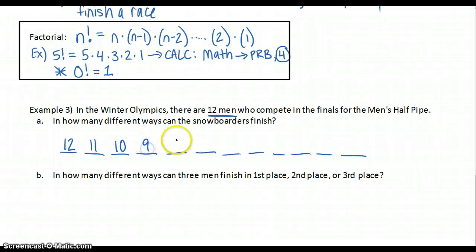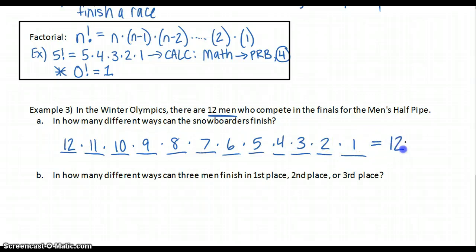And you keep going like this until you end up with that very last place where there's only one person left. So it'd have to be that person. And notice how when we multiply these all together, what we're actually just doing is 12 factorial. And you can go ahead on your calculator and figure out what 12 factorial is going to be.